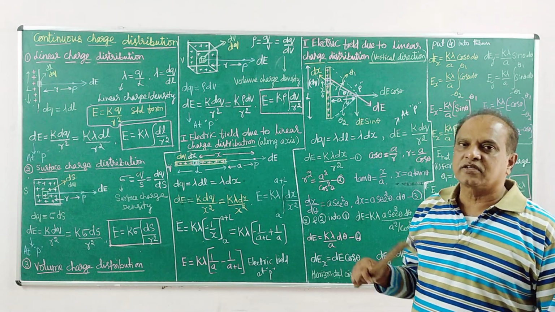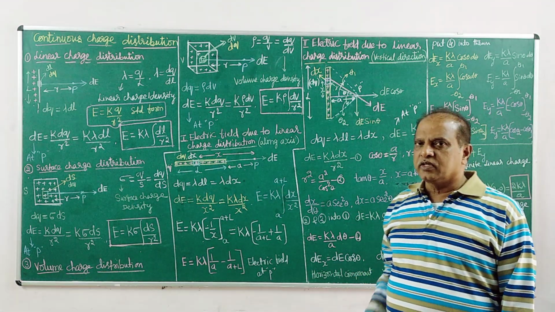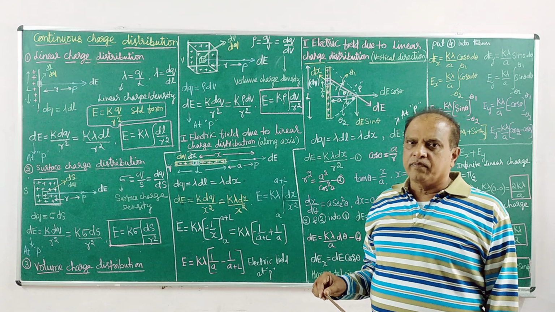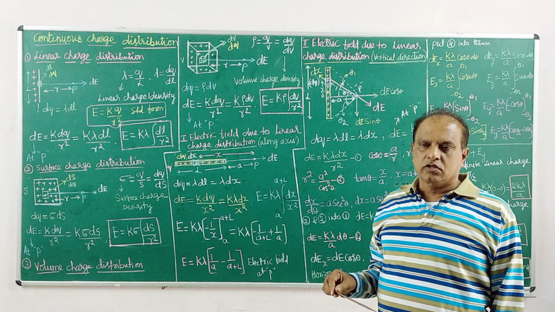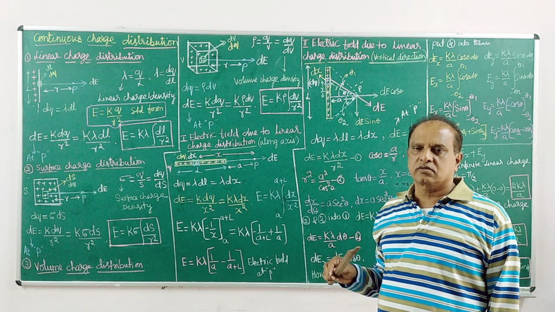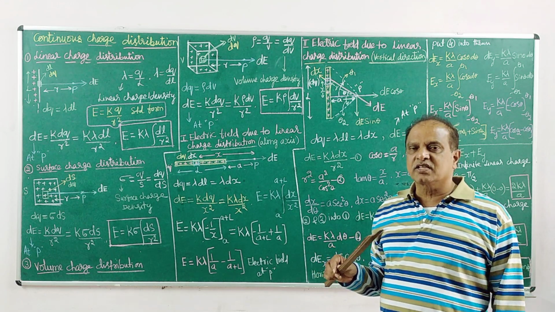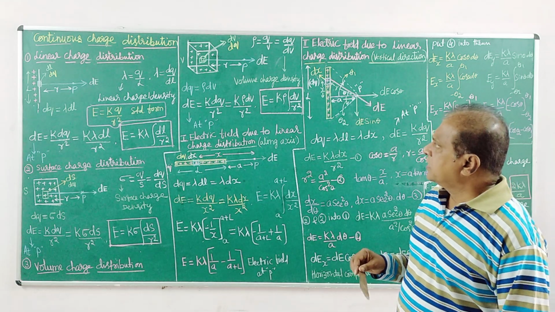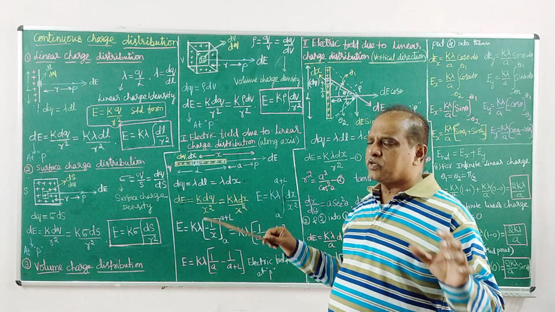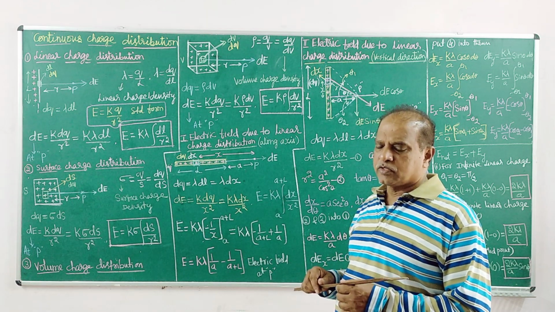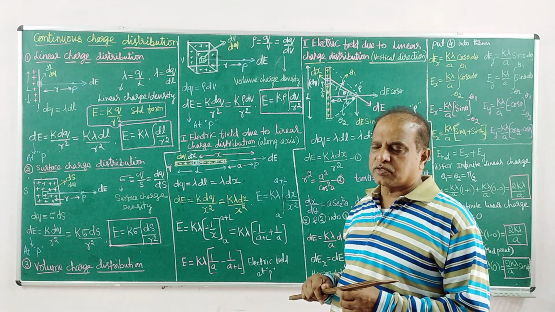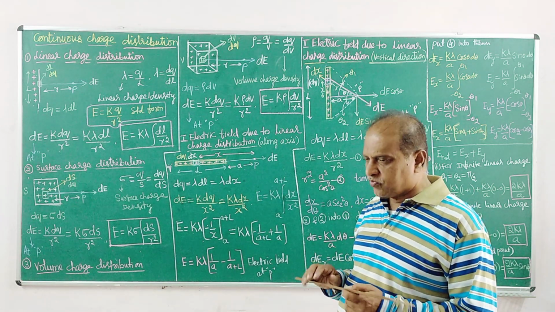Discontinuous is discrete. What is meant by discrete? Discrete means there is no uniformity in the distribution. Charges are not uniformly distributed at the surface. That is called discrete. What is meant by continuous distribution? It is a uniform distribution. That is a pattern of uniform distribution of charges. What is meant by uniform distribution?